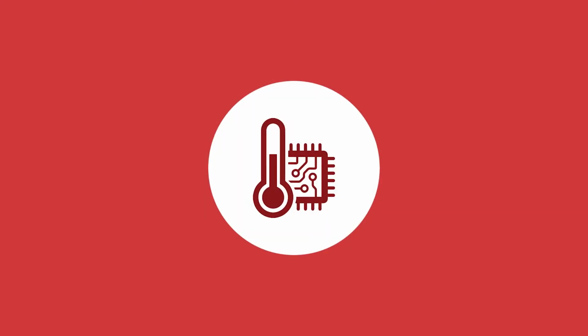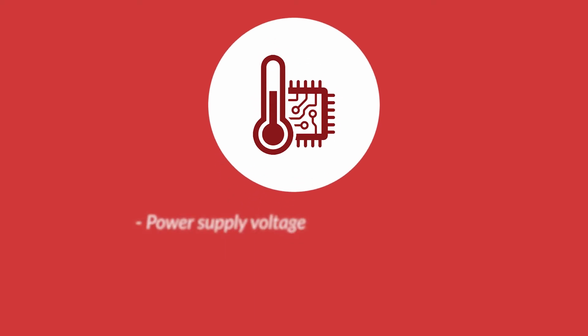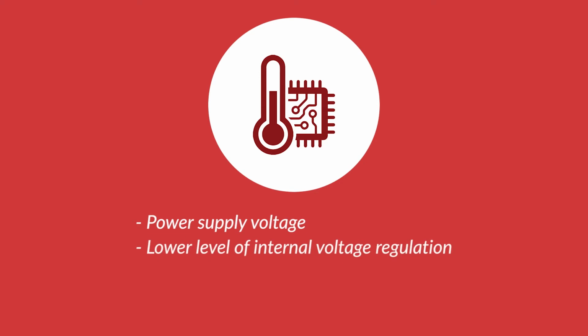In a semiconductor temperature sensor, power supply voltage can affect the accuracy. A low level of internal voltage regulation will show a greater reduction in accuracy too. On the other hand, noise, drift or stability, and the device age will affect the accuracy of the sensor.